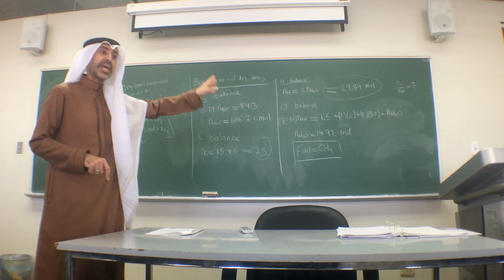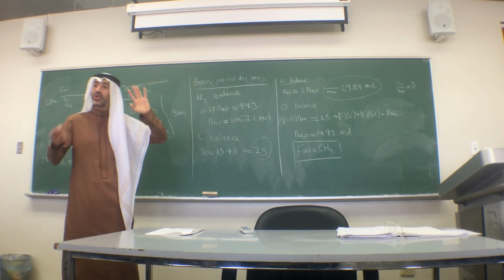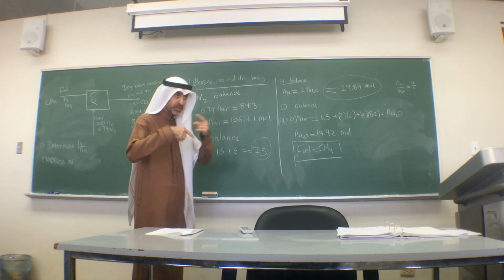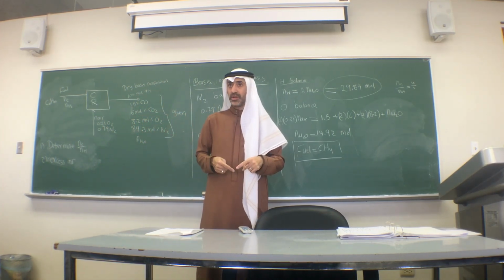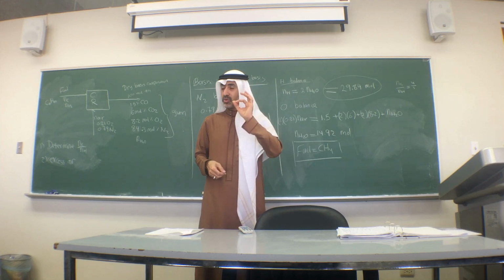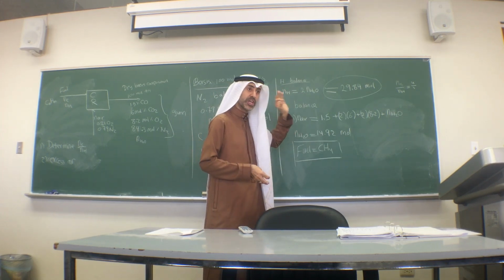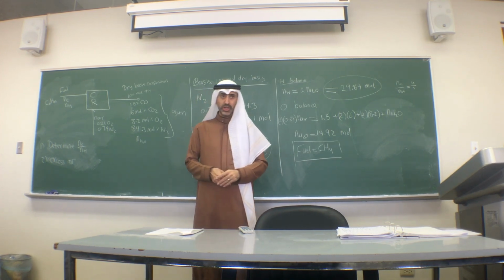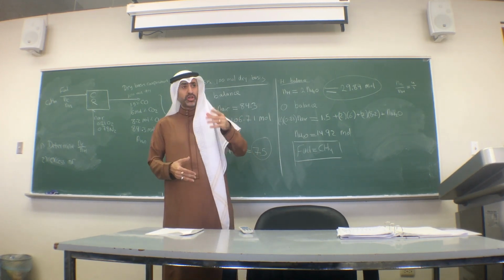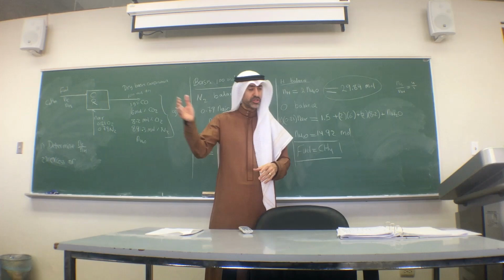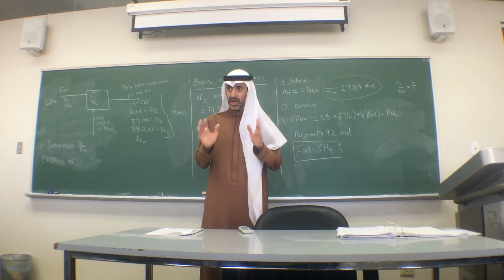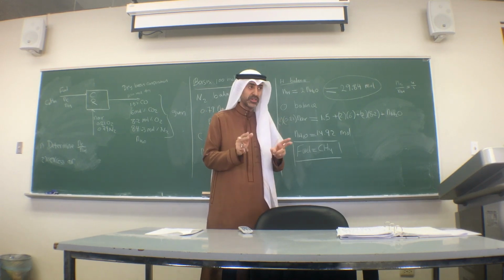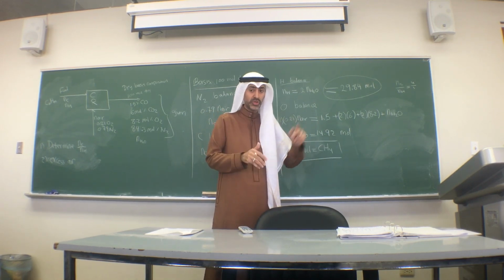If you get any other ratio, you cannot decide. You need extra information. If I tell you that you have 2 carbon for each hydrogen, you may say, yes, I have C2H4. Another one will say, no, it's C3H6. So you cannot decide without extra information if you have other ratio than 4.